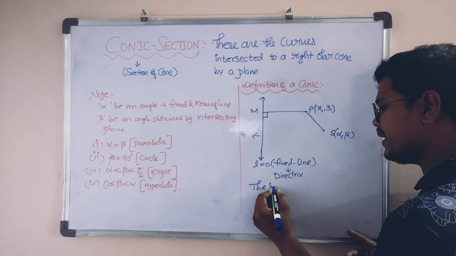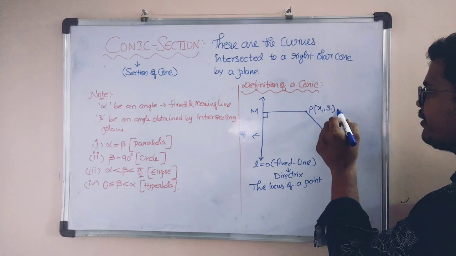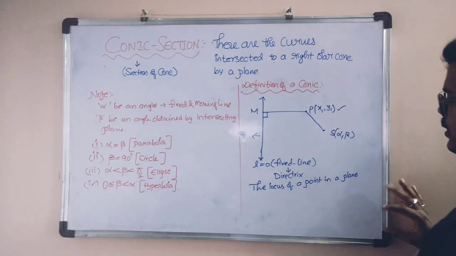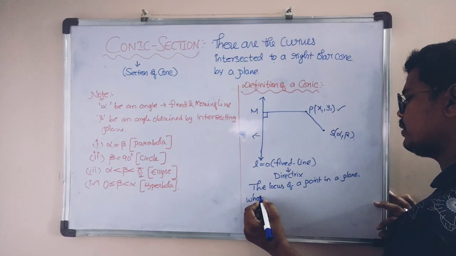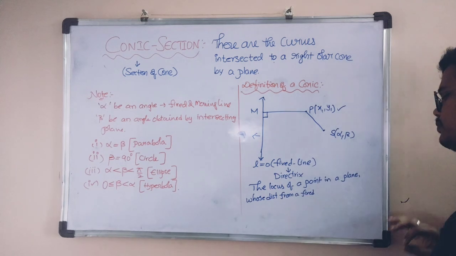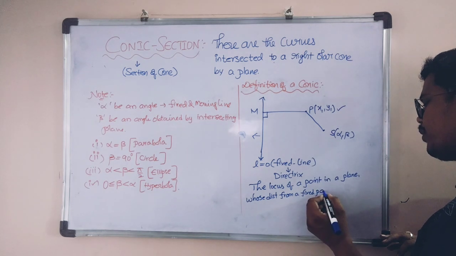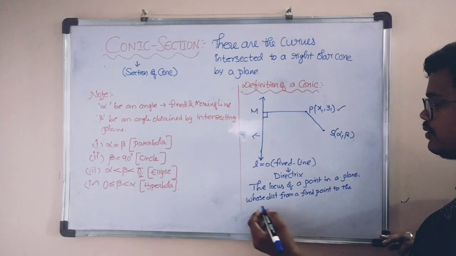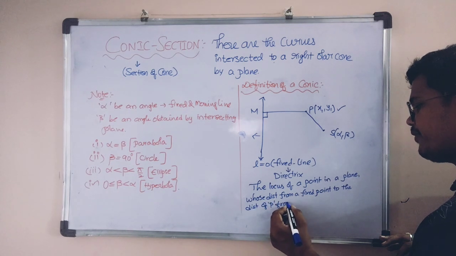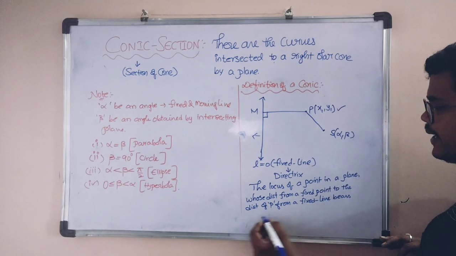See, the locus of a point in a plane. P x1 comma y1 is the locus of a point in a plane whose distance from a fixed point, to the distance of point P from a fixed line, bears a constant ratio.